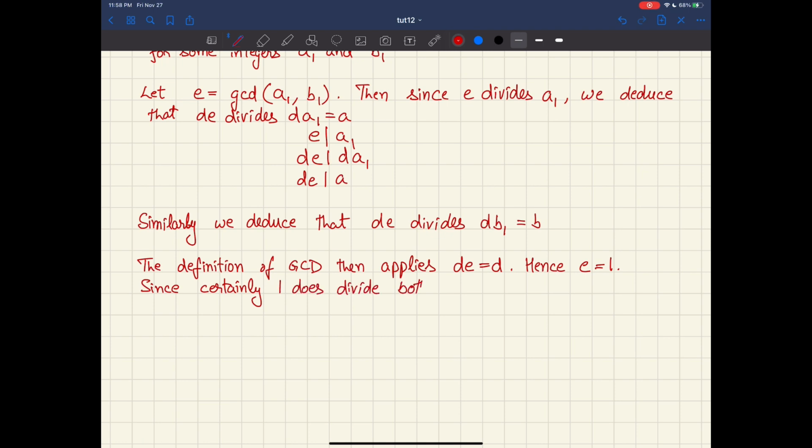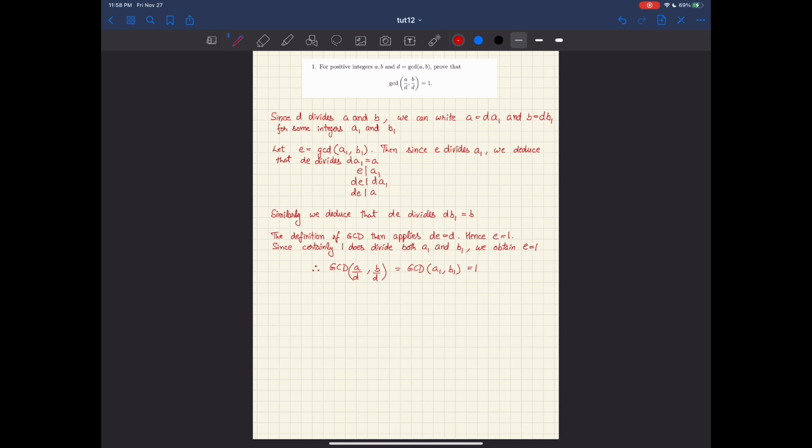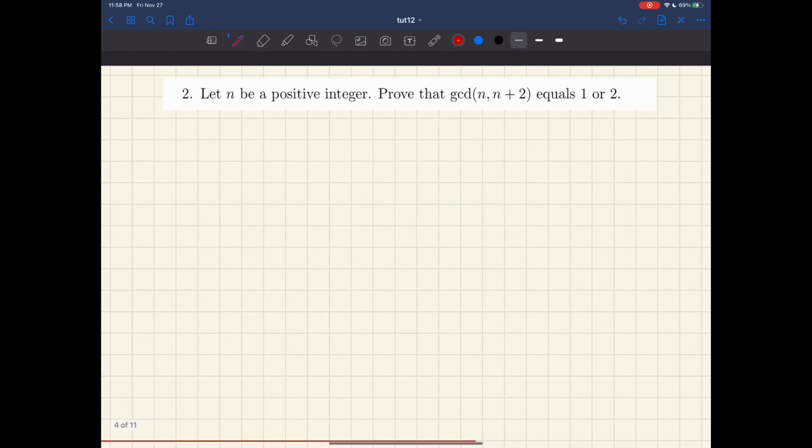So here we say that e is equal to 1. And since 1 would divide a1 and b1, the equality of e being the GCD of a1 and b1 is also true. So GCD of a by d and b by d is equal to GCD of a1 and b1, which is 1.